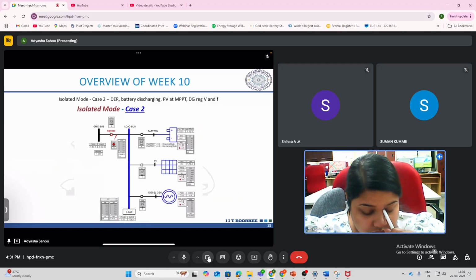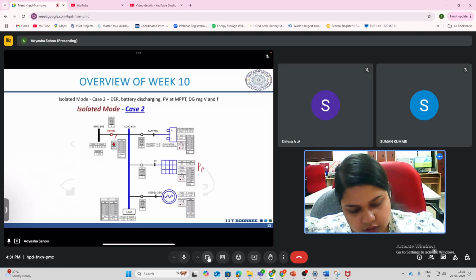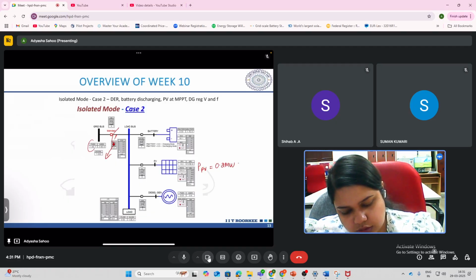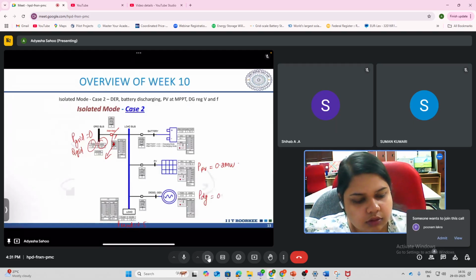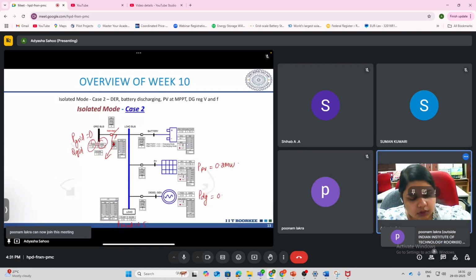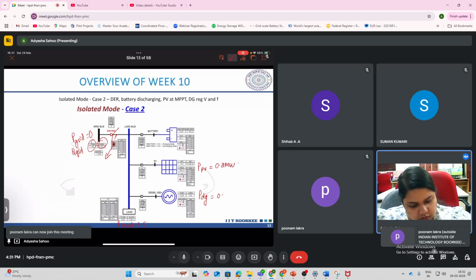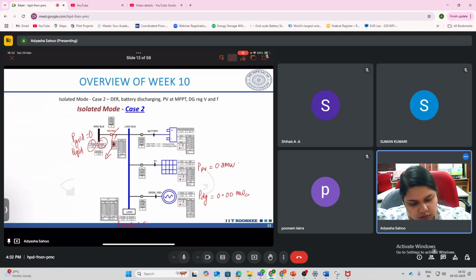Similarly, in the next case, again we have PV at 0.2 megawatt. Grid is not there, so both P grid and Q grid are 0. Same 0.5 megawatt of load. PDG is near about 0. So what about P battery?